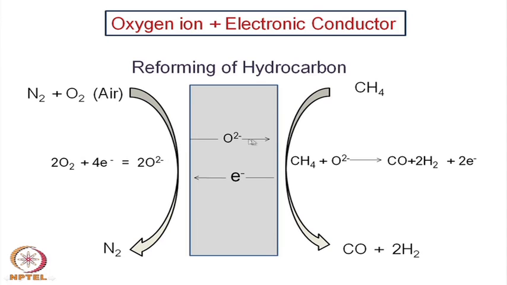By this process it will continue. On one side you have a hydrocarbon and on the other side a flow of air, and automatically the product is a mixture of carbon monoxide and hydrogen. So, this is the reforming reaction using this kind of mixed ionic electronic conductor.